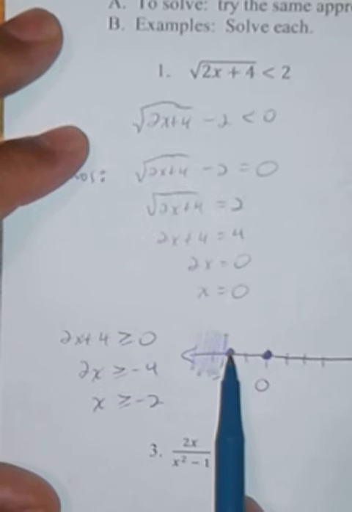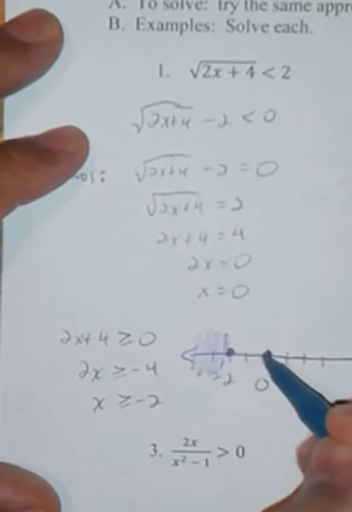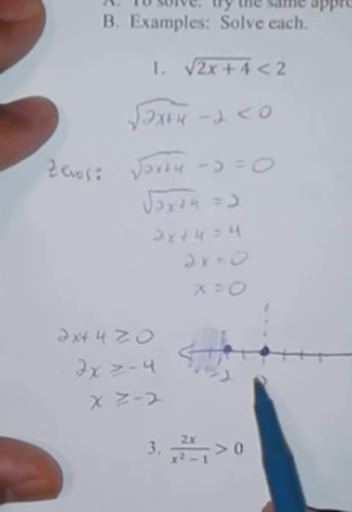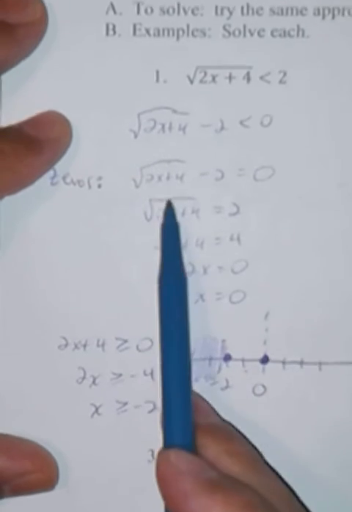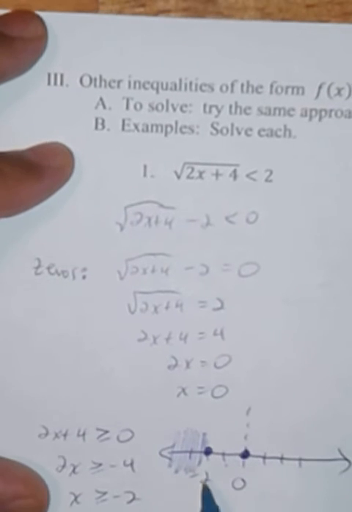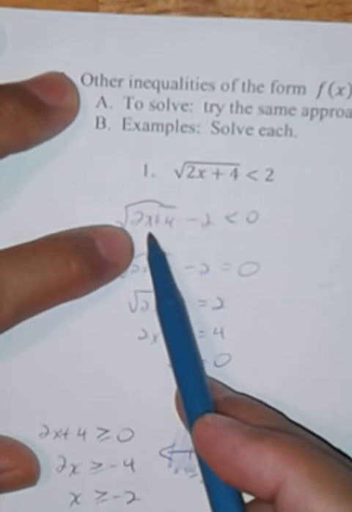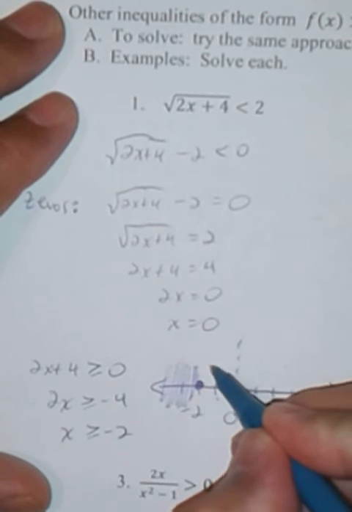So I still have two intervals, from negative 2 to 0, and then from 0 to infinity. So if I try negative 1, and again I'm going to look at this as my f of x right here. So negative 1, 2 times negative 1 is negative 2, plus 4 is square root of 2, minus 2 will be negative.